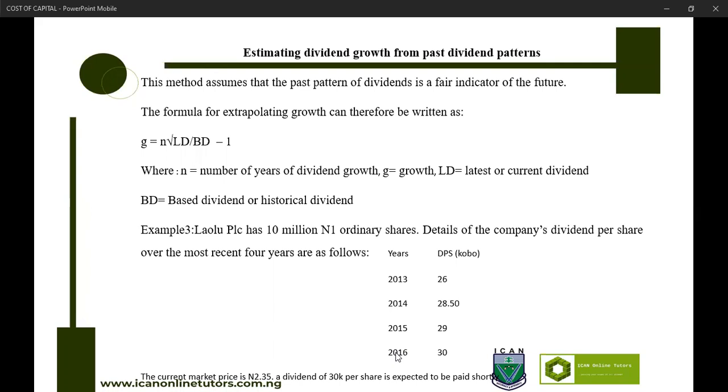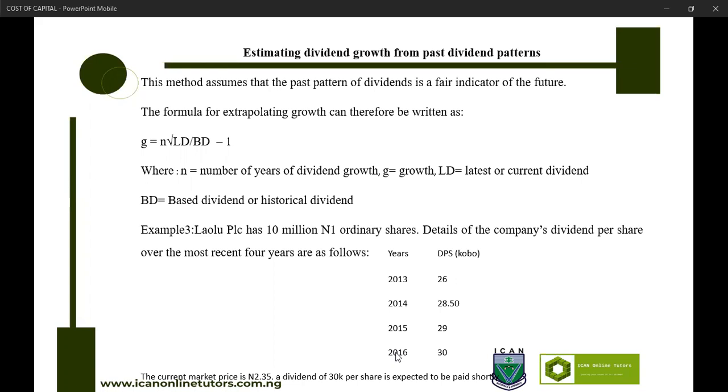But if the dividend is not given as a series of years, it can be given in this form, where you have your current dividend as a particular figure, and the historical dividend will also be given. The examiner will state the historical dividend, that is the base dividend.